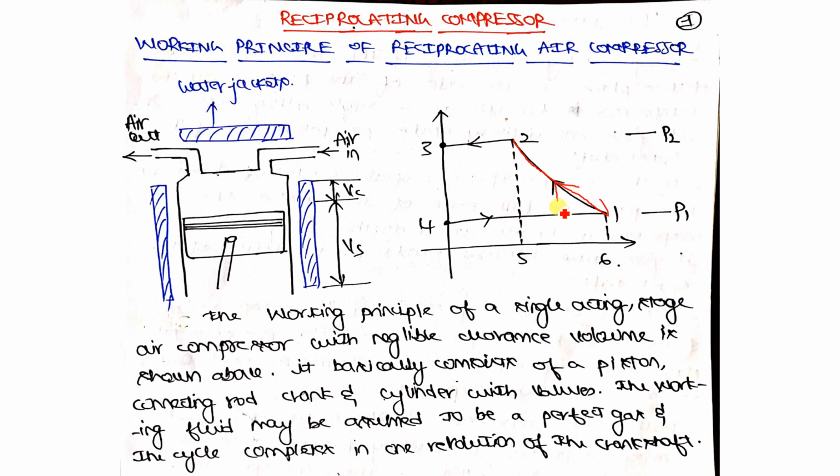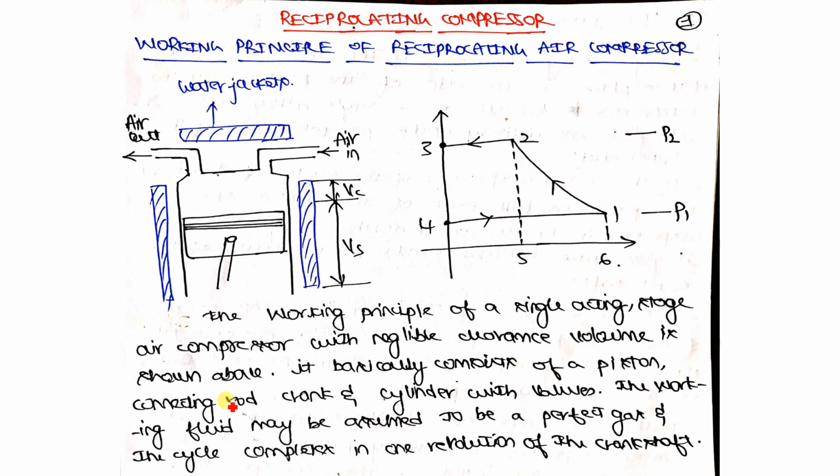So process 1 to 2 can be isothermal, okay guys, it can be polytropic, or it can be adiabatic. So remember, the compression process can be any of the three. Generally we prefer the isothermal process because it gives the maximum efficiency.